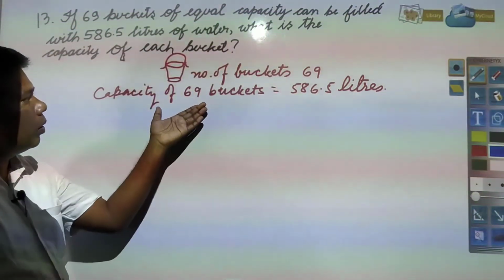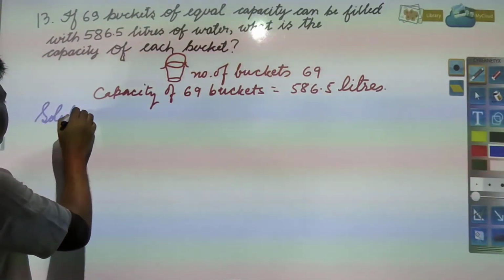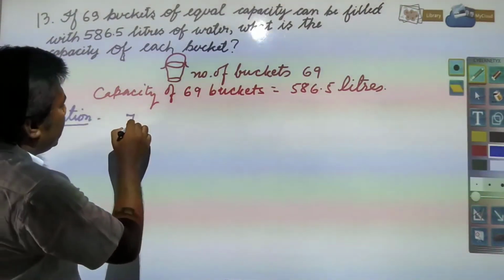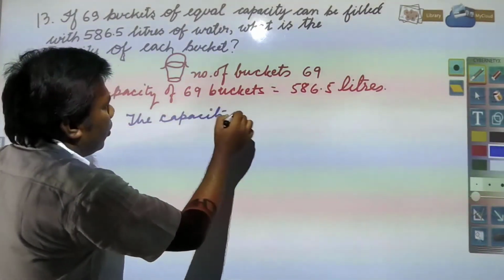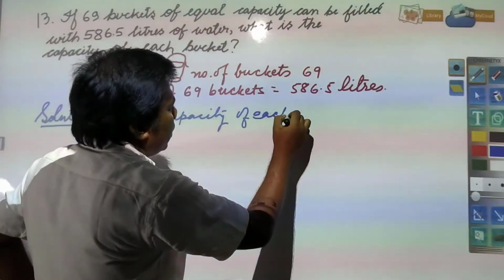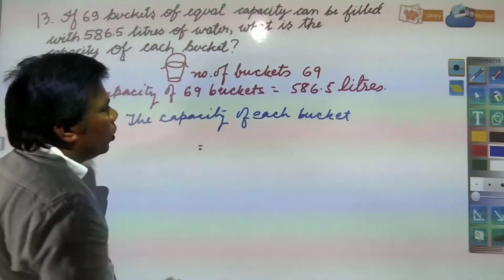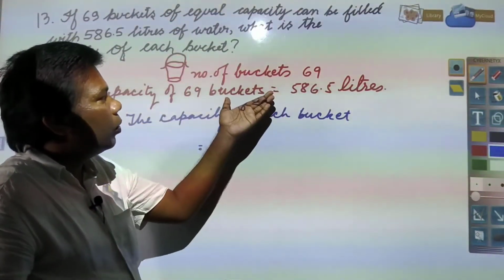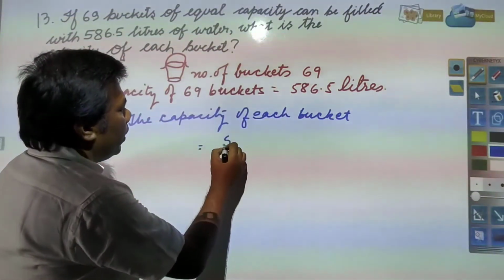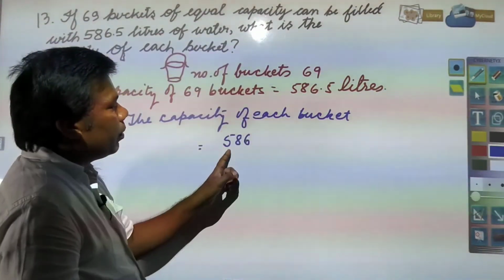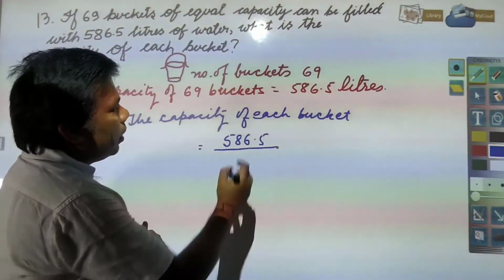So how will you find out? The capacity of each bucket will be equal to the total capacity that 69 buckets are holding, that is 586.5 liters, divided by the number of buckets.